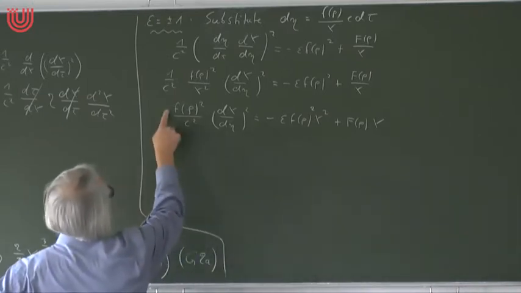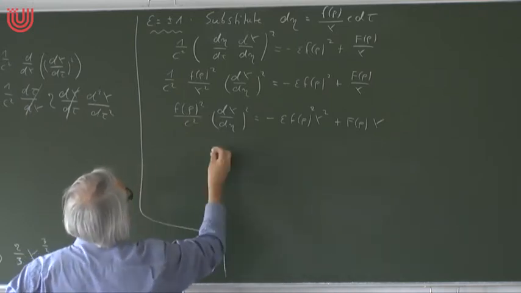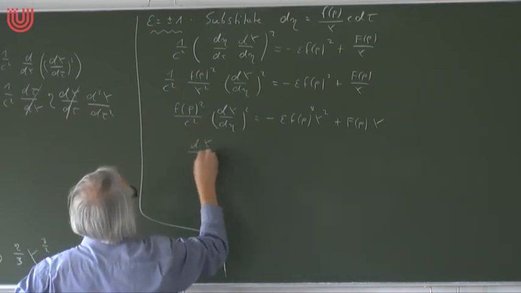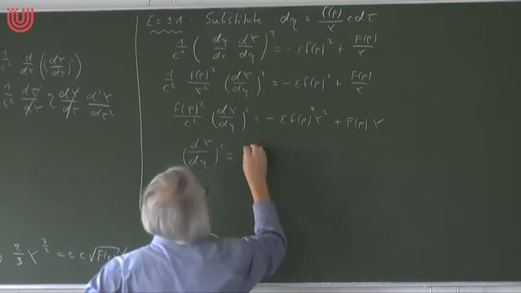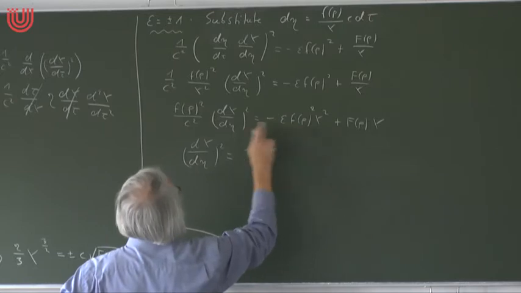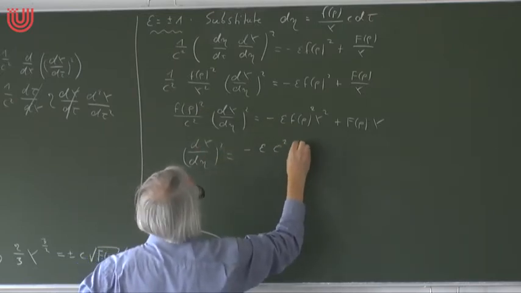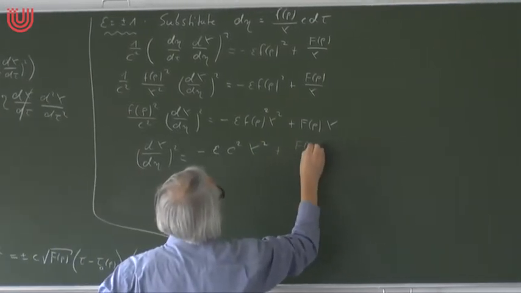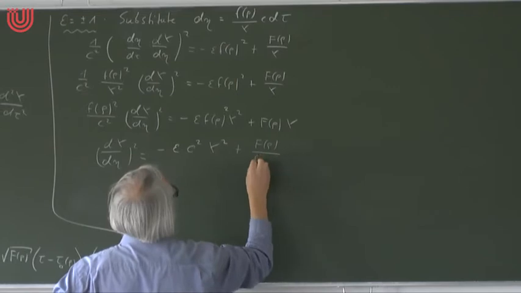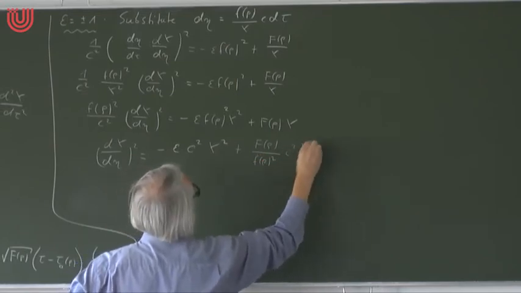So maybe it's a good idea to divide by f of rho squared. So okay, let me do it slowly. Dy by d eta squared is what? Minus epsilon f of rho squared divided by f of rho squared times c squared times y squared. And here I have plus f of rho divided by f of rho squared times c squared y.